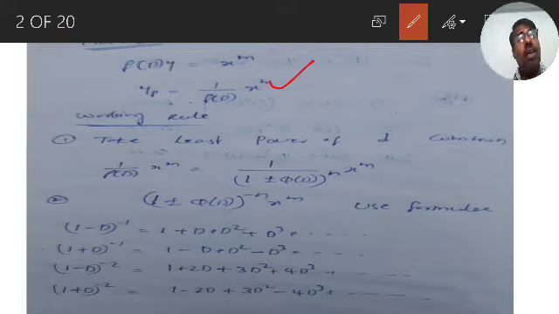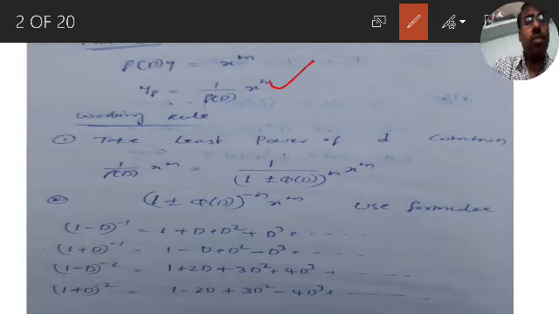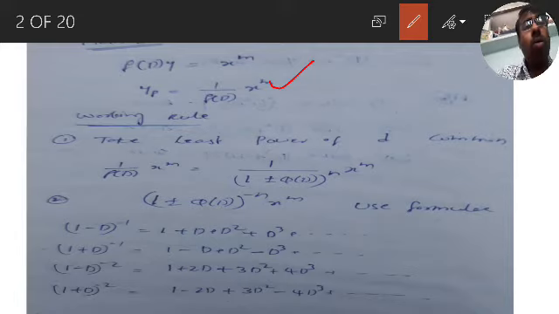To get that form, take the least power of D common from f of D, then it becomes 1 plus phi of D or 1 minus phi of D, where I call the remaining function phi of D. Are you getting this? 1 plus or minus phi of D whole power of n. Coming to the numerator, 1 plus or minus phi of D whole power of minus n into x to the power of m.